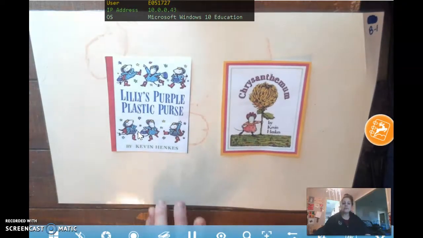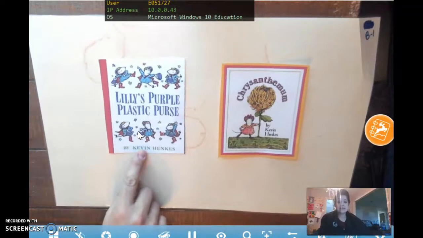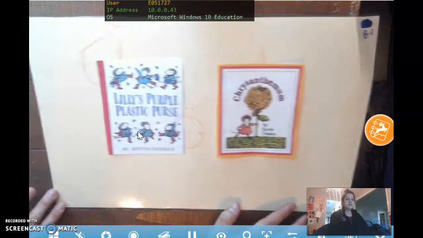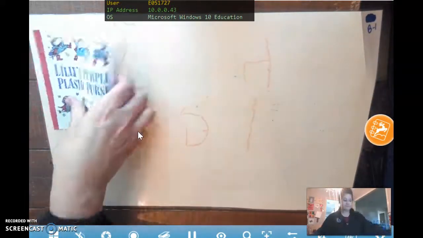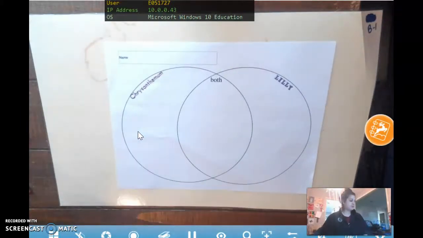Okay, so I want you to be thinking. Remember, we're going to compare and contrast Lily and Chrysanthemum. We're going to talk about how they're the same and then how they are different from each other. So we are going to use a graphic organizer called a Venn diagram. Here's what that looks like.